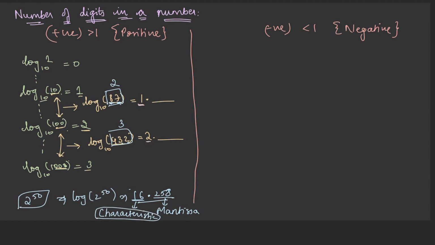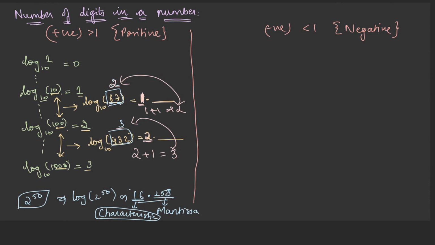For 87, a 2-digit number, we got 1 point something, so 1 is the characteristic. For a 3-digit number we got 2 point something, so 2 is the characteristic. We add 1 to the characteristic: 1 plus 1 equals 2, the number of digits, and 2 plus 1 is 3. Both are equal, right? So that's the logic behind it.